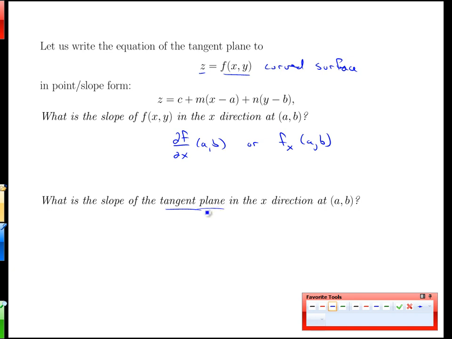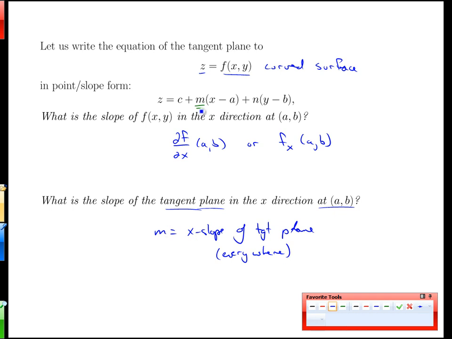If we look at the tangent plane, what's the slope in the x direction? Well, if we just zip down our function here, we see here's the x term, and m is going to equal the x slope of the tangent plane. And it turns out we don't need this point specifically because a plane has the same slopes everywhere.